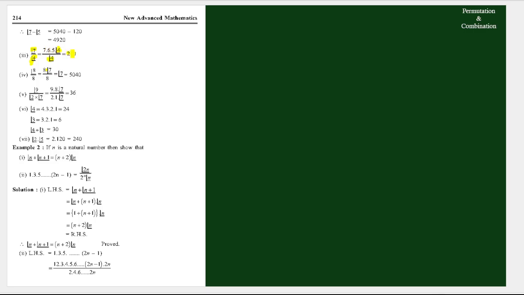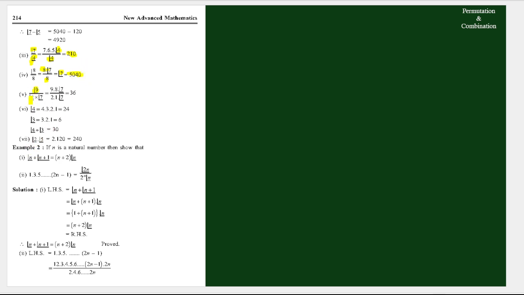So 210 is your answer. Factorial 8 by 8: the 8 cancels, you get factorial 7. Factorial 7 is nothing but 5040. So actually it is better to remember up to factorial 10. What is their value?